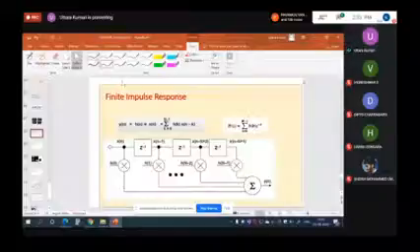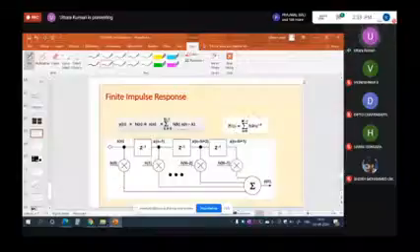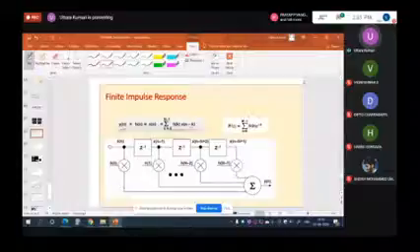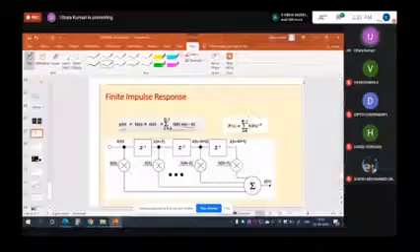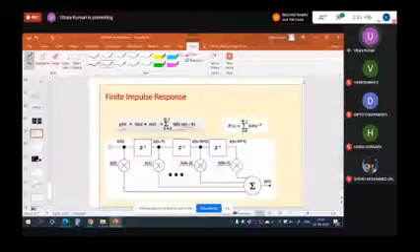Here, this particular one is the one where the output depends only on the input and the past inputs. When you write this kind of expression and represent it as a block diagram, x of n is the input.